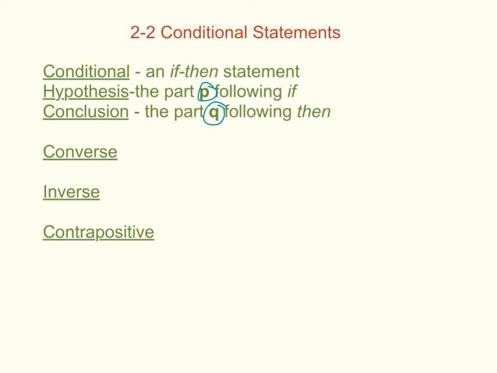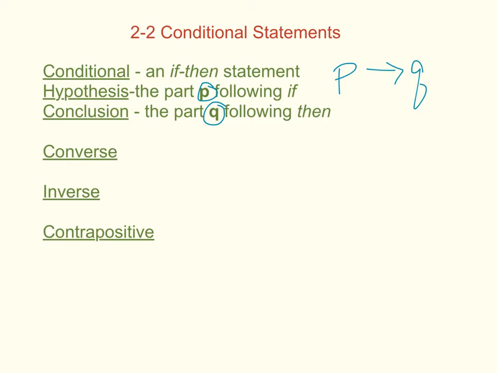So P is what's following the if, that's the hypothesis. If P, then Q. When you see that statement I just wrote, that's what you need to think. If P, then Q, or P implies Q. Now, the P, again, is the hypothesis. Q is the conclusion. So if P, then Q, or P implies Q.